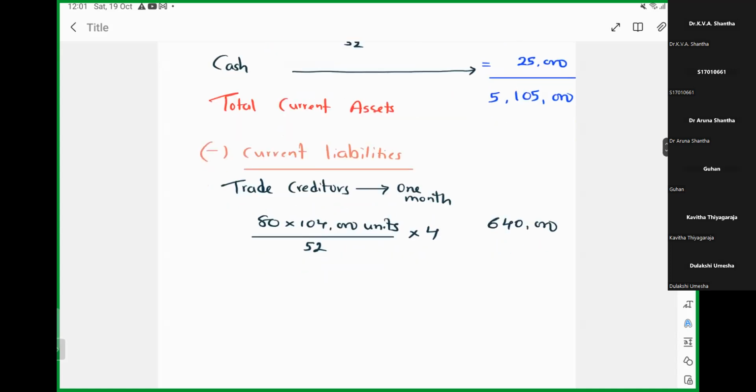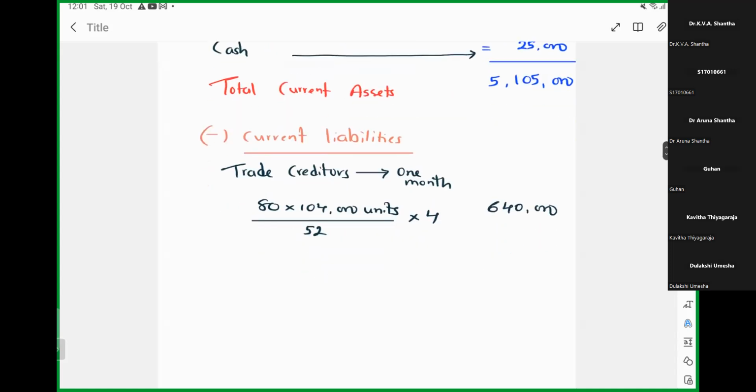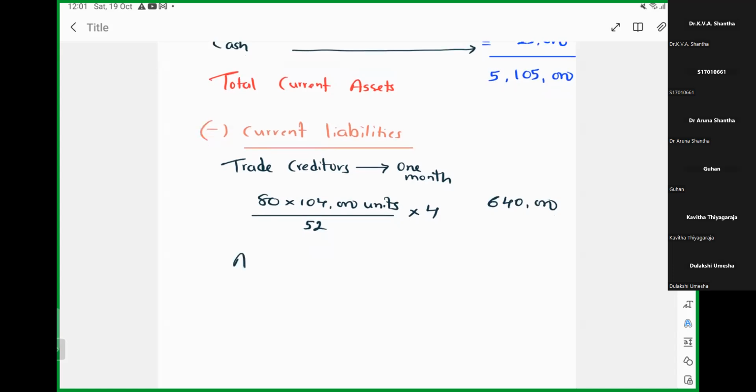Then we have the accrued expenses. Accrued wages, 1.5 months. You see total wage cost per unit 30 into 104,000, divided by 52 into 6 weeks. How much? Accrued wages are $360,000.